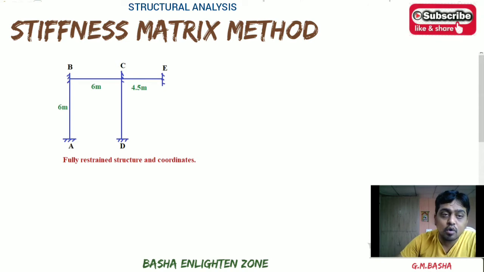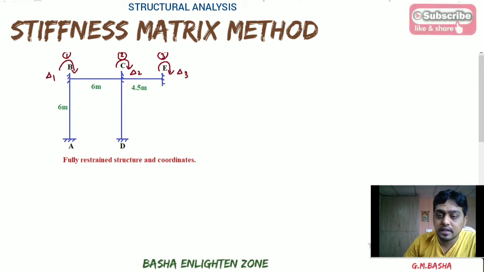Therefore, we are selecting the first coordinate position at B. Similarly, the second coordinate position at C, and the third coordinate position at E. Therefore, we are selecting 3 coordinate positions, one at B, two at C, and the third one at E. So this one will be delta 1, here it will be delta 2, and here it will be delta 3. Okay. Fully restrained structure.